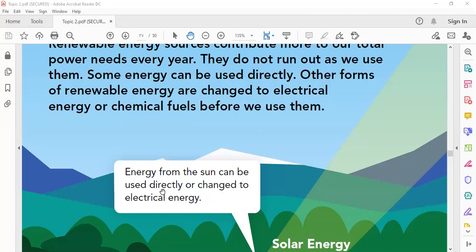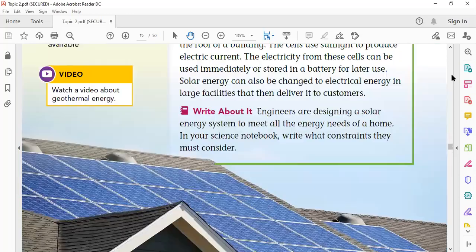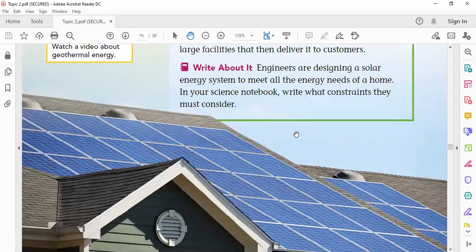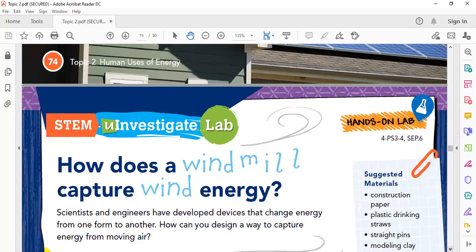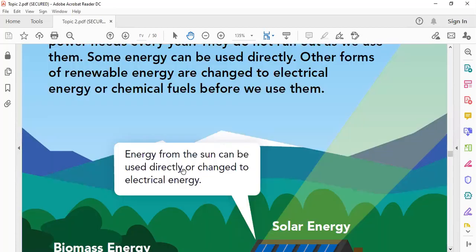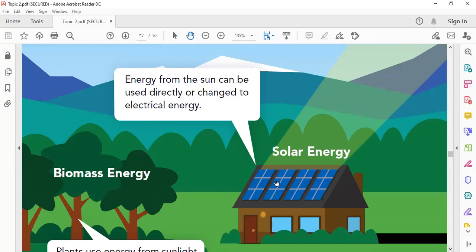You don't need to use anything to get warm from the sun. Energy from the sun can be used directly or changed to electrical energy, as I told you, by solar panels like this. These devices change sunlight, or solar energy, to electrical energy. So the first type of renewable energy sources is the sun, or solar energy.